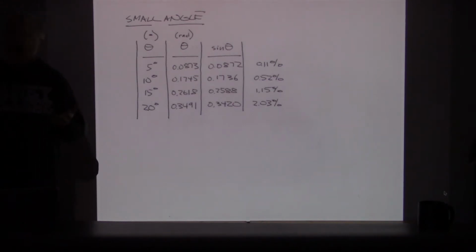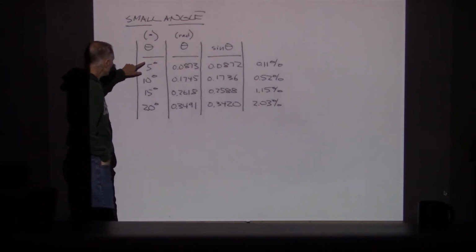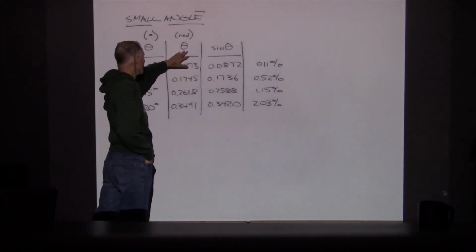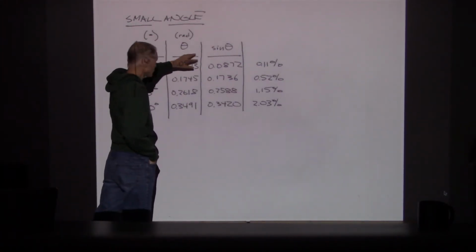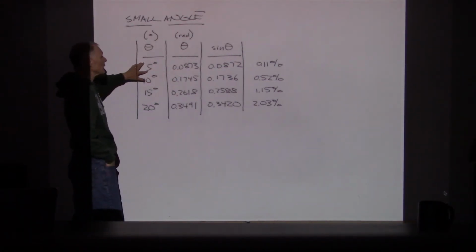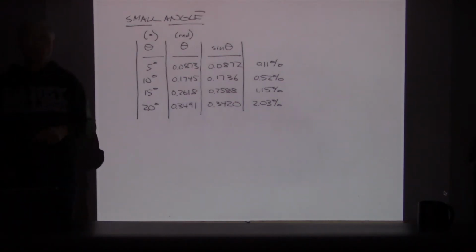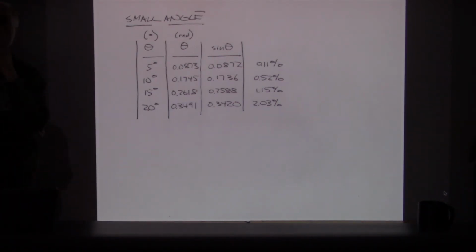But radians are built in to angular measurements, as you know from your math classes. So for 5, 10, 15, and 20 degrees, I converted those into radians, and then I looked at the sine of theta, and at 5 degrees, there is only a 0.1% difference between sine theta and theta. Those two functions have almost identical values at 5 degrees.